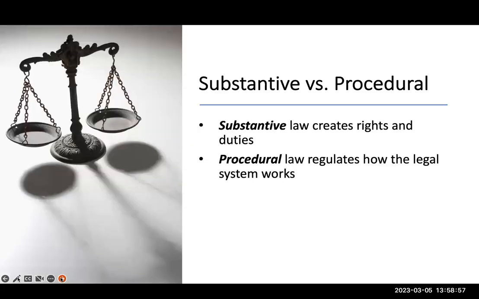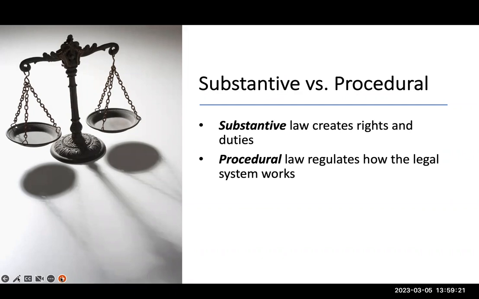The last type of distinction of types of law discussed in Chapter 4 is the concept of substantive versus procedural laws. Substantive laws create rights and duties. Procedural laws, on the other hand, regulate how the legal system works.